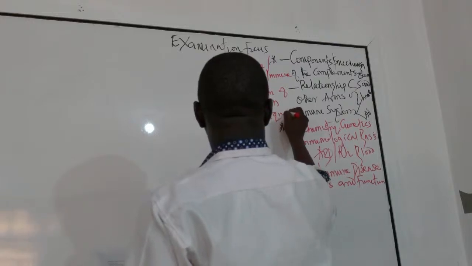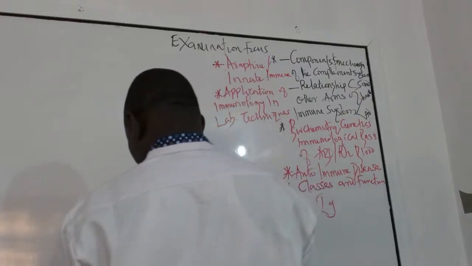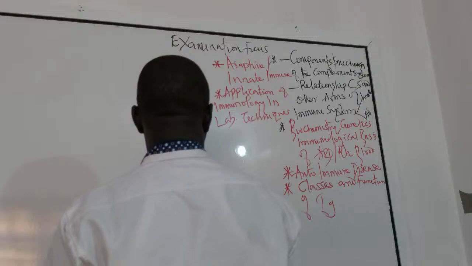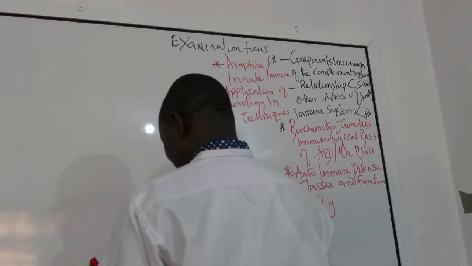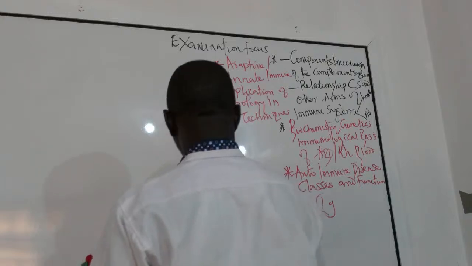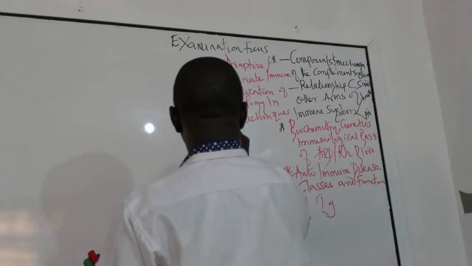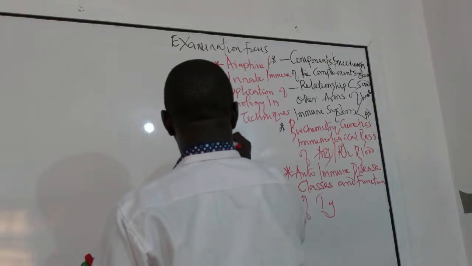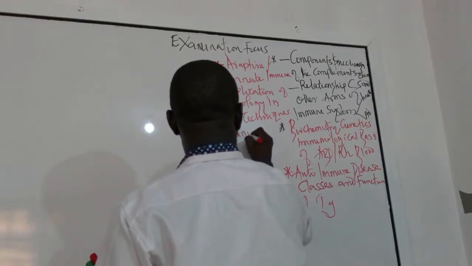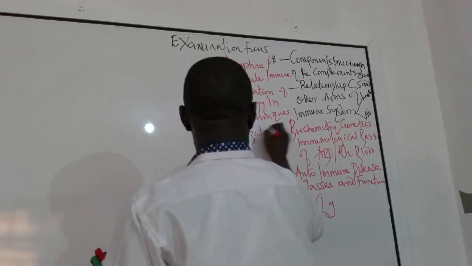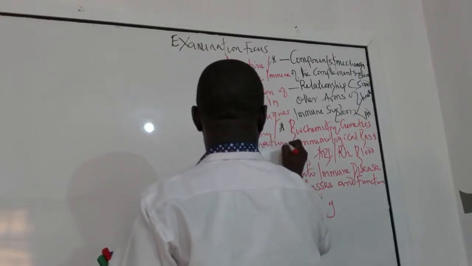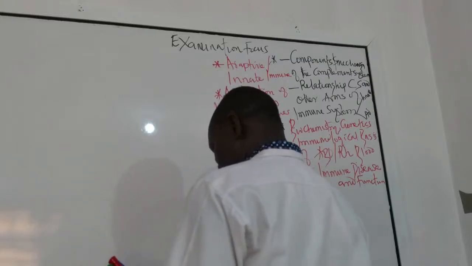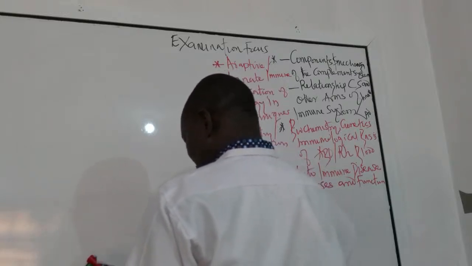So I'm going to tell you the area you should definitely focus on. Then the last aspect, so the seventh aspect, is going to be immunization and vaccination. With that one, we're already entering into public health.